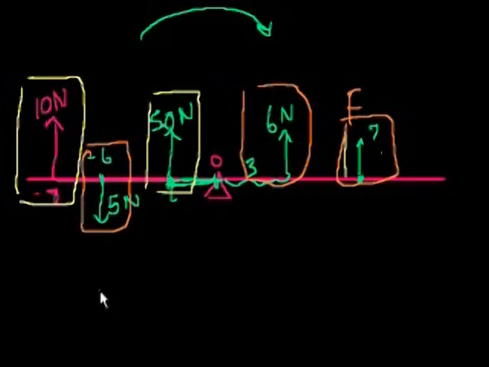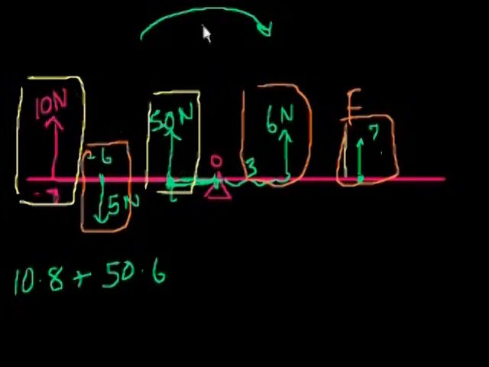So what are the counterclockwise moments? Well, this one's counterclockwise, so it's 10 newtons, moment arm we said is 8, because it's the x-coordinate -8 from 0, so it's 10 times 8 plus 50, this is also counterclockwise, times 6. Those are all of our counterclockwise moments, and that has to equal the clockwise moments.